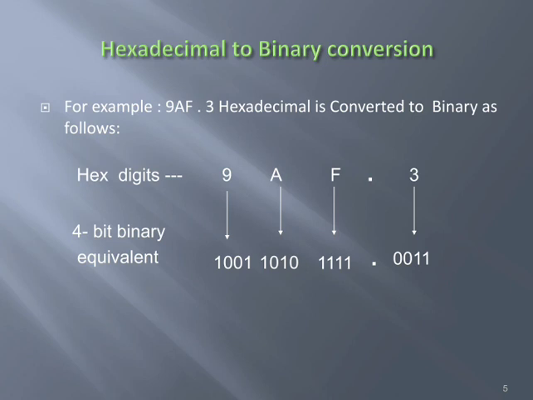You take the hexadecimal number and replace each hexadecimal digit with its equivalent 4-bit binary. Replacing each hexadecimal digit with its equivalent 4-bit binary will result in the conversion of a hexadecimal number to a binary number.